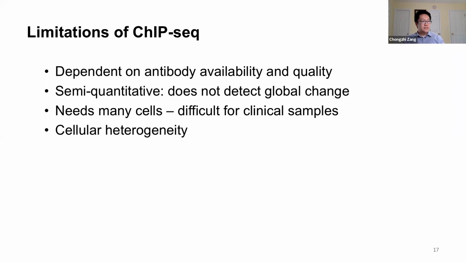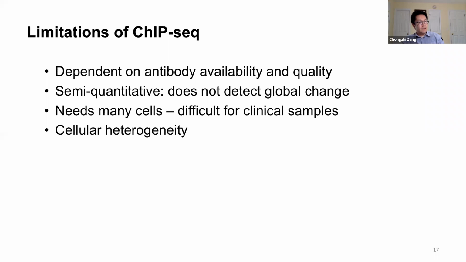The second point is that ChIP-seq is a semi-quantitative approach to study genome-wide protein-DNA interaction. Because of the experimental procedure, we need several steps to pull down the protein-DNA fragments and purify the DNA, and need a certain level of PCR amplification for enrichment and for the sequencing steps involved.